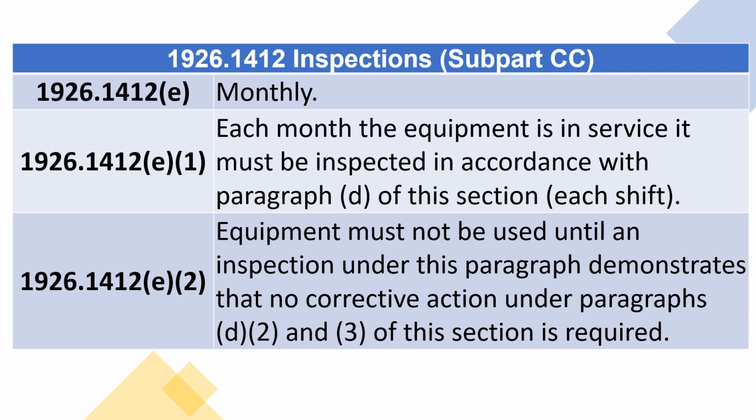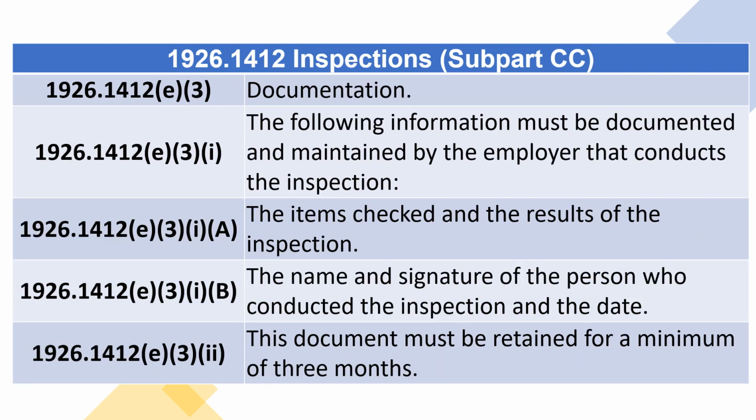1926.1412(e)(2). Equipment must not be used until an inspection under this paragraph demonstrates that no corrective action under paragraphs (d)(2) and (3) of this section is required. 1926.1412(e)(3). Documentation. 1926.1412(e)(3)(i).